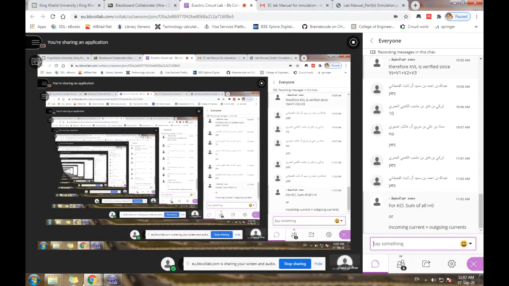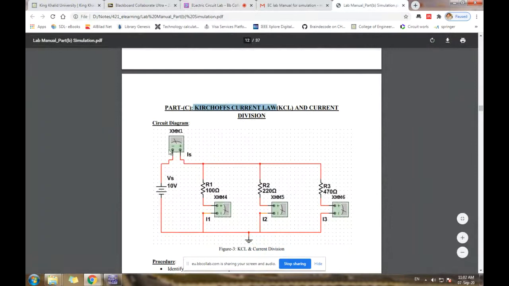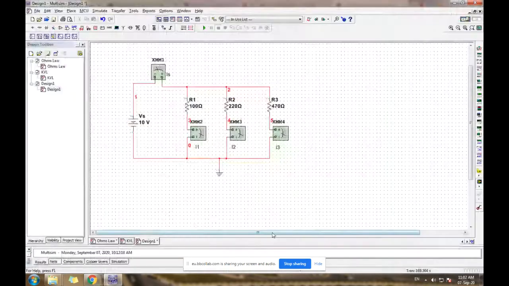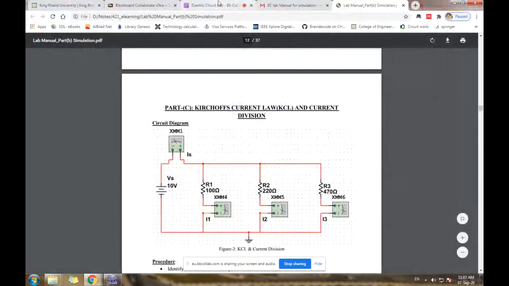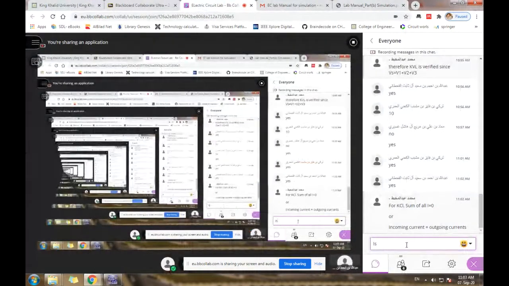So here, as per the circuit diagram, this is minus, plus. So this is entering and this is, sorry, this is leaving. For example, from the source, if you take the current, the current will be entering here and it will be leaving from here. So at this node, as per our design, Is will be equal to I1 plus I2 plus I3, right?